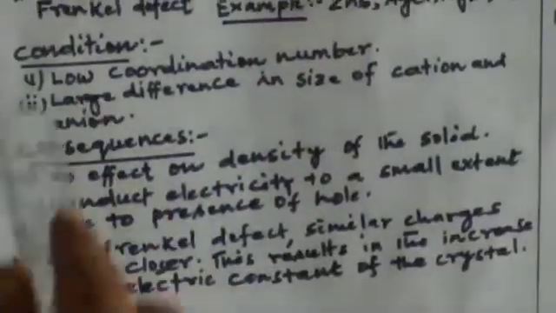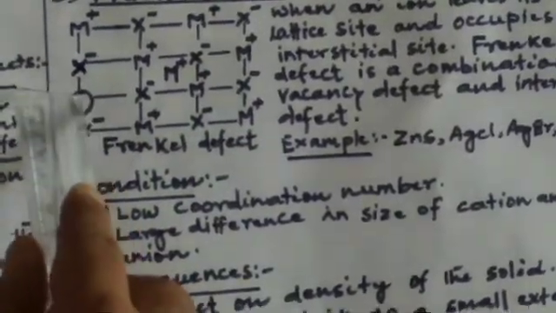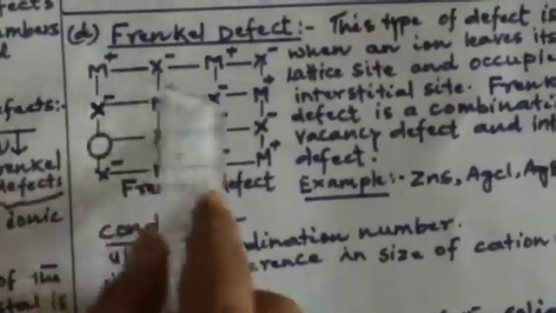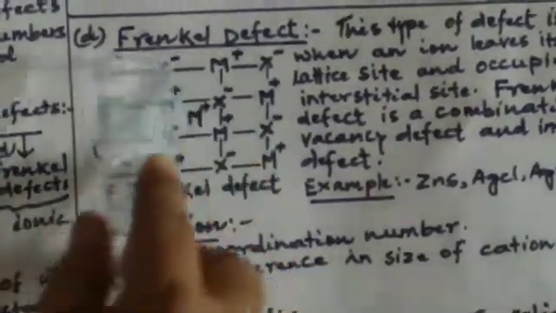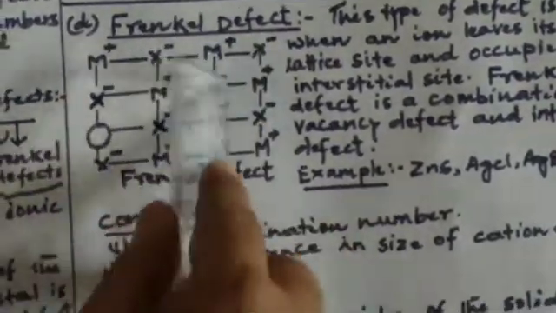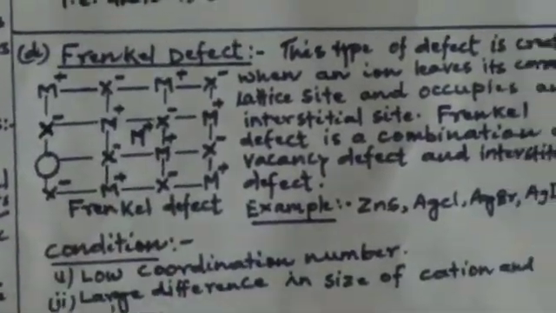What are the consequences now? As the particle does not leave the crystal, it only gets displaced from the normal lattice site into the void. There is no change in the mass, hence the density of the ionic solid showing Frenkel defect remains unchanged. So, no effect on the density of the solid.